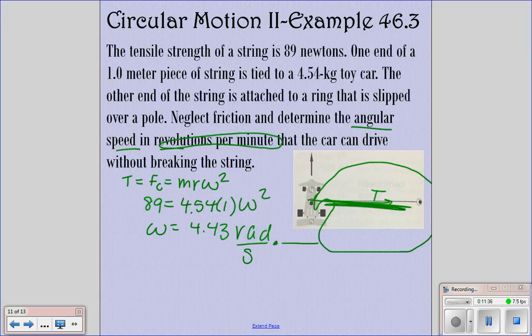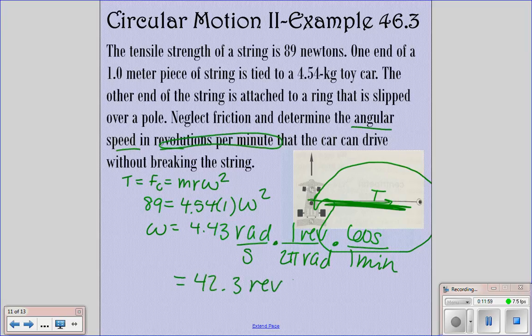So remember that 2 pi radians is 1 revolution, and then to change second to minute, 60 seconds is 1 minute. And so if you multiply that, you get 42.3 revolutions per minute, which would go to just 42, because we have 2 sig figs, and then we have 3 sig figs. So 42 revolutions per minute.